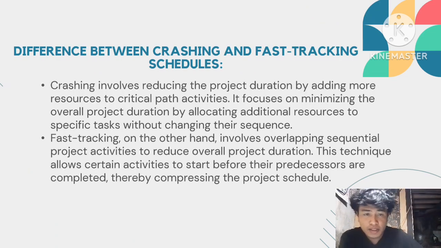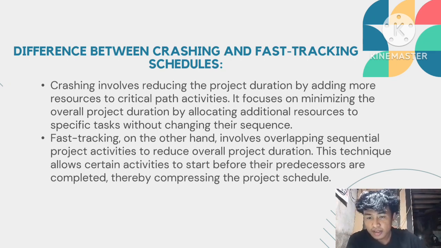So, the difference between crashing and fast tracking a schedule. Crashing involves reducing the project duration by adding more resources to critical path activities. It focuses on minimizing the overall project duration by adding additional resources to a specific task without changing their sequence.